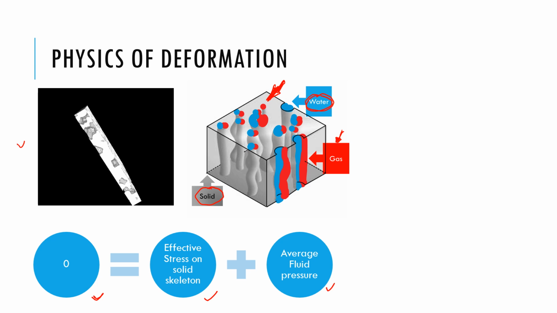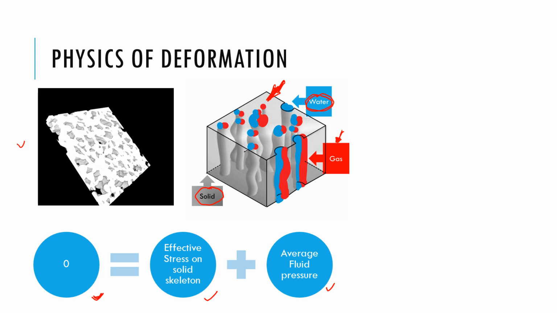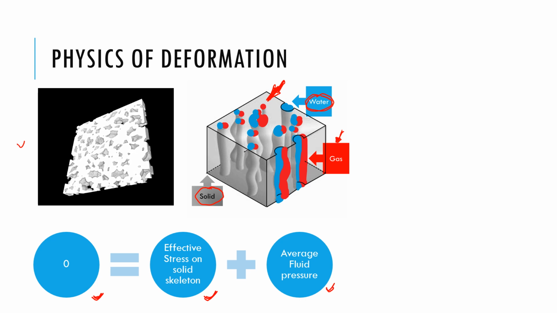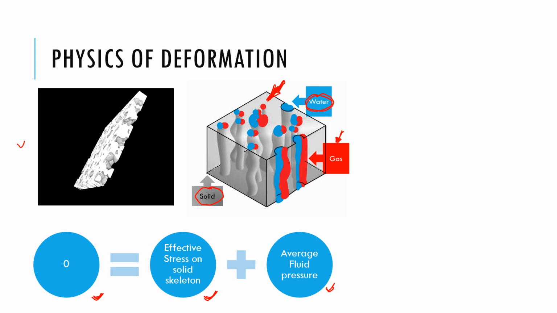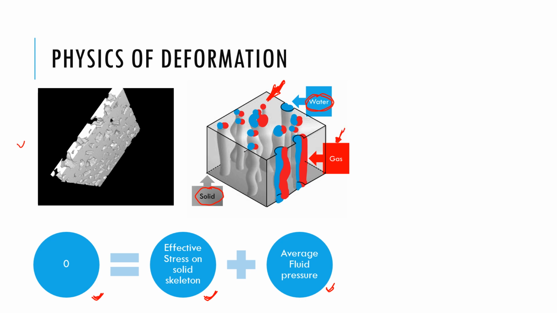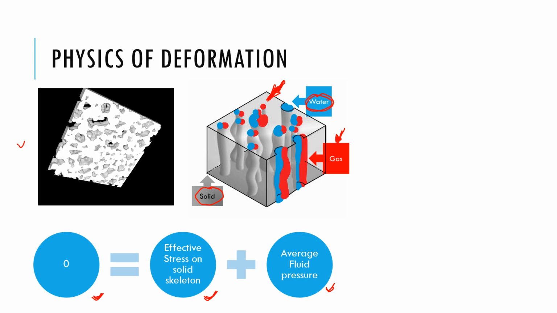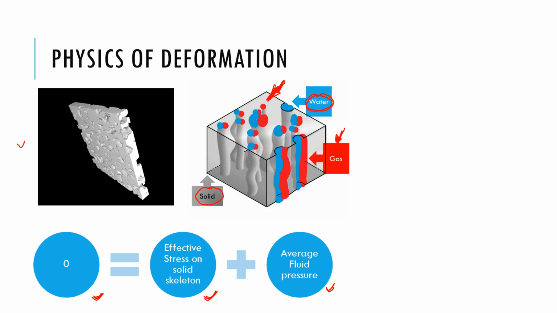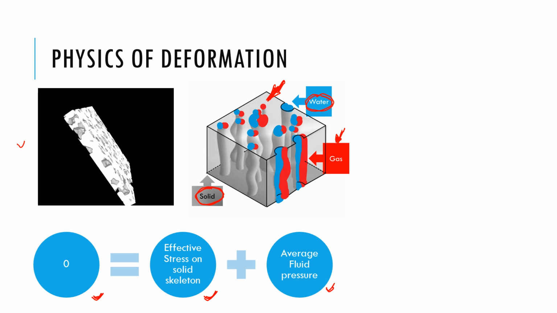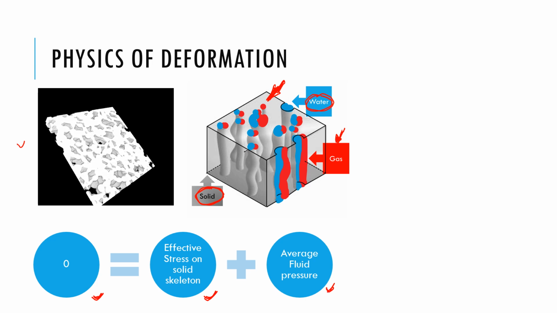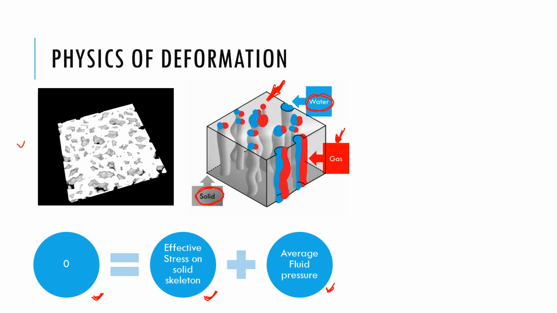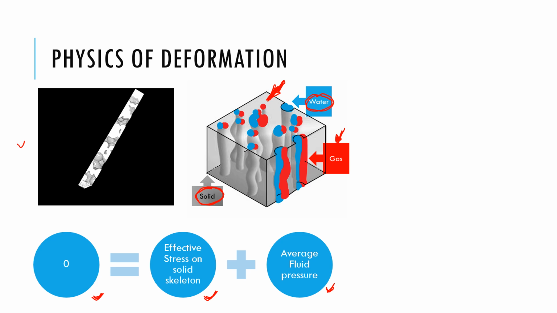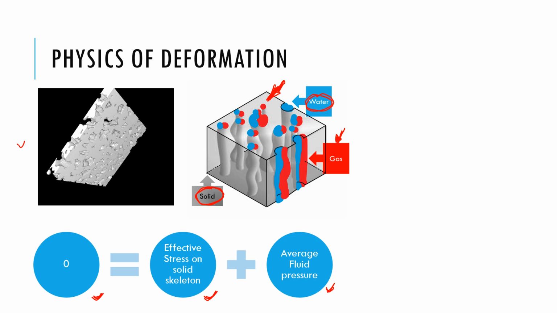Because the applied stress is 0, there's nothing external, these two balance each other. So this makes sense: the evaporation and the gas pressure developed inside is balanced by the stress developed in the solid skeleton. These two balance each other because the rice as a whole is not jumping around, or there is no external force acting on it.